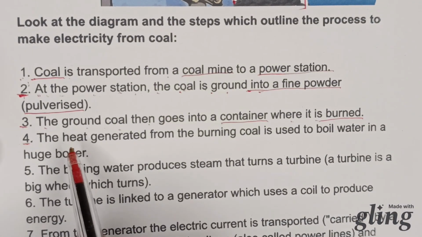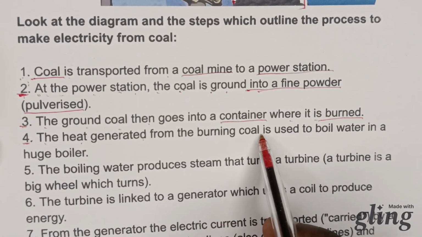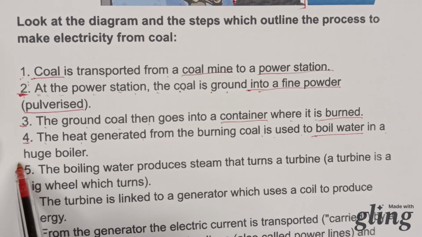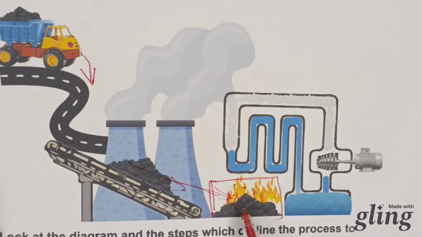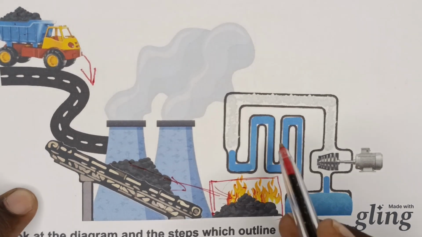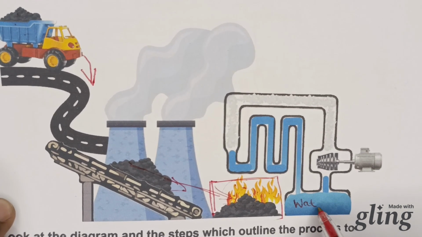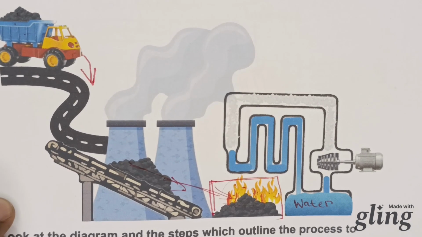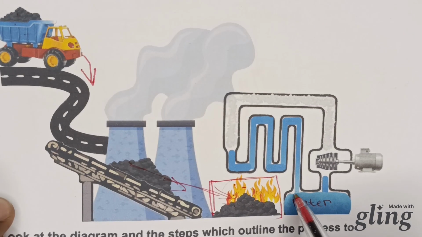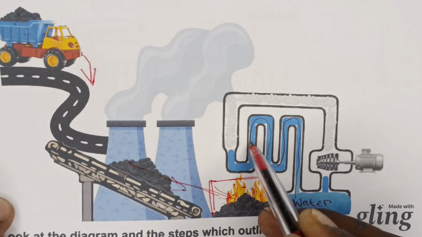So number 4, they say the heat generated from the burning coal is used to boil water in a huge boiler. So this burning coal is used to boil this water. This is water, so it boils the water. The heat here boils the water. You can see the water is going up here and going down and going up the pipes and going down.